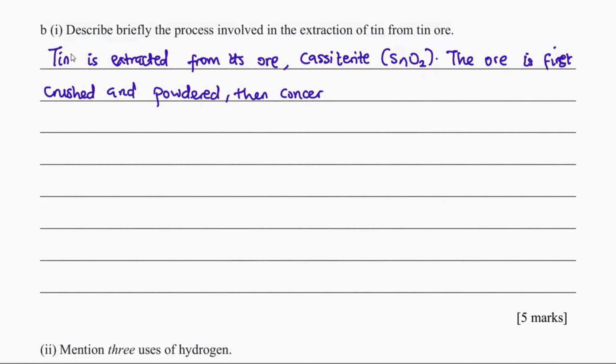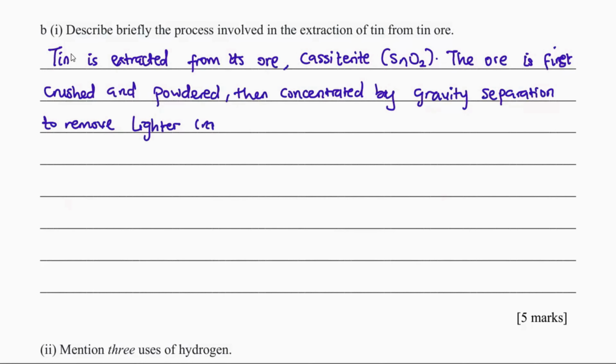Then it is concentrated by gravity separation, okay, to remove larger impurities.